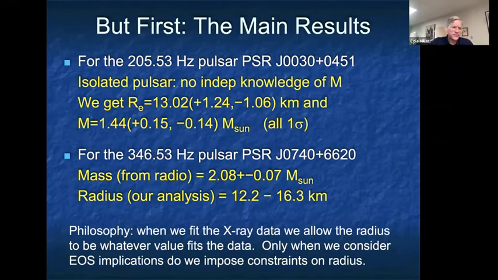Those of you who work on neutron stars may look at that 16 kilometers and say, whoa, dude, that is one enormous neutron star. So let me try to explain our philosophy here. Our philosophy is that when we are fitting the NICER data, we allow the radius to be anything it needs to be to fit that data. And that can be large radii, 16 kilometers, 20 kilometers, whatever.